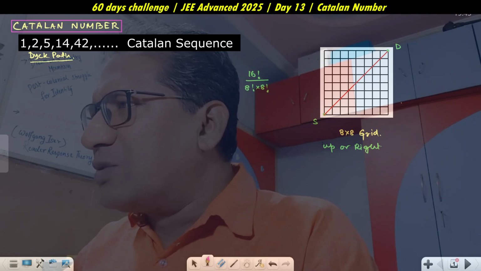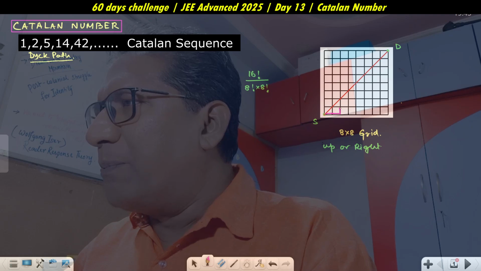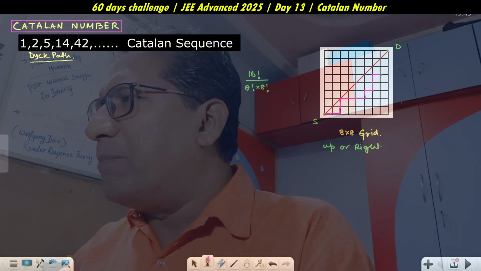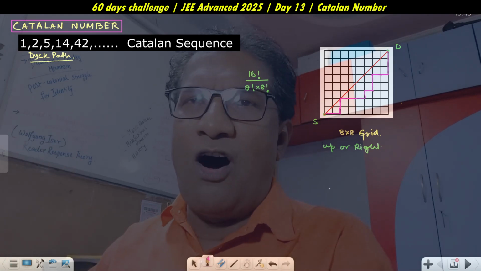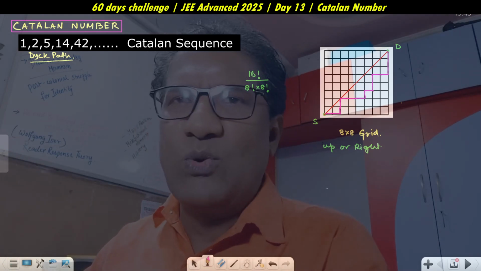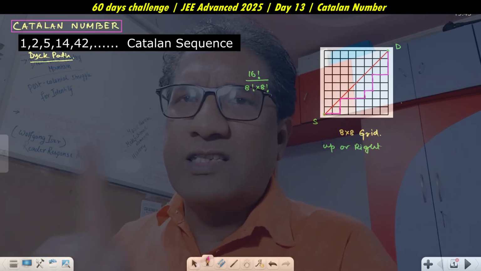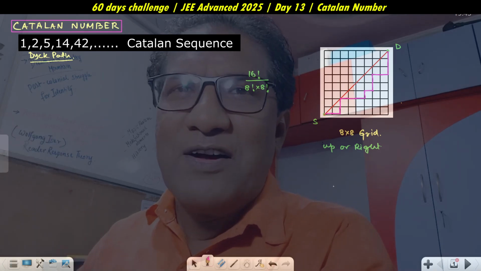Suppose the person is moving like right, up, right, then up, right, up, right, up. This is one way of reaching from S to D. And it is a path where the person has not trespassed the diagonal.